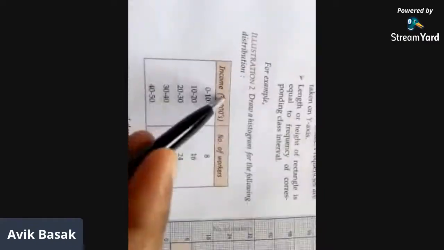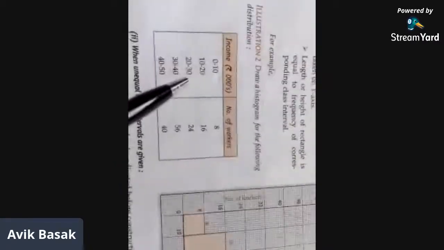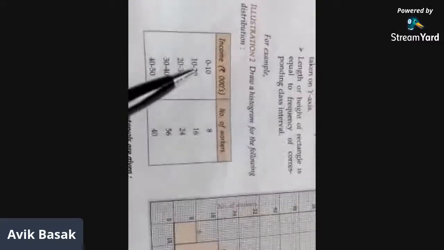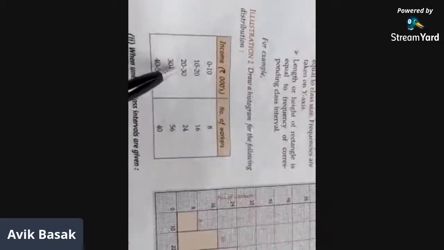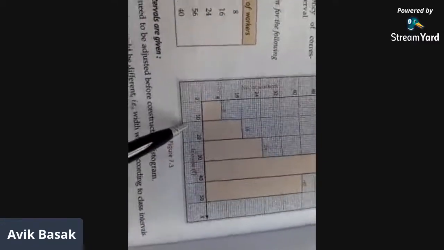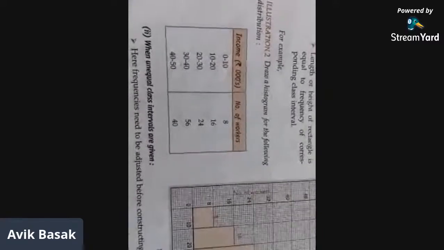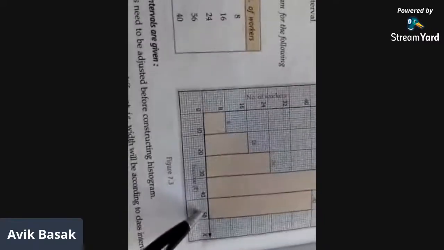Now this class boundary or class interval is given, and you have to measure it on the x-axis.